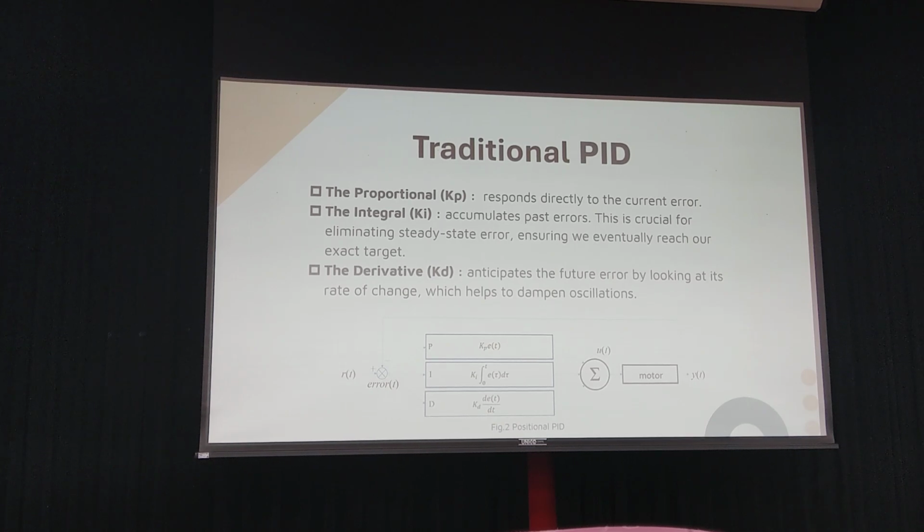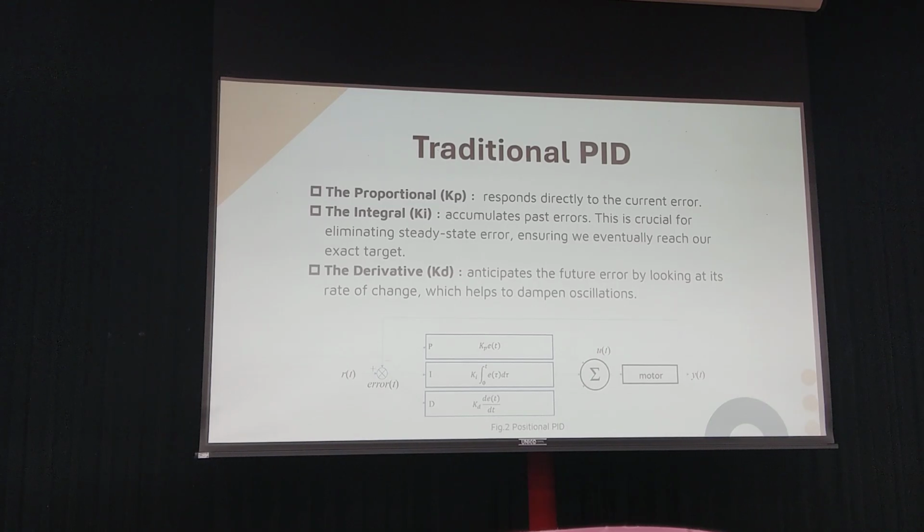Let's talk about the control strategy. Traditional PID consists of three terms. The KP, which is the proportional term, responds directly to the current error. The KI, which is the integral term, accumulates past error.